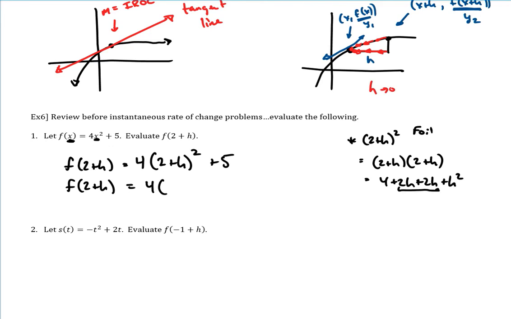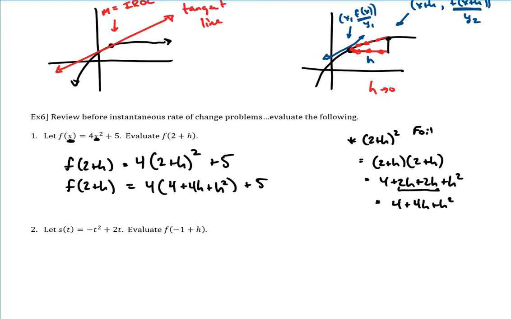And then the 2h and the 2h are like terms, so we can combine them into 4h. Okay, so I did some scratch work since I would have run out of room. So we have 4 plus 4h plus h squared, like that, plus 5.